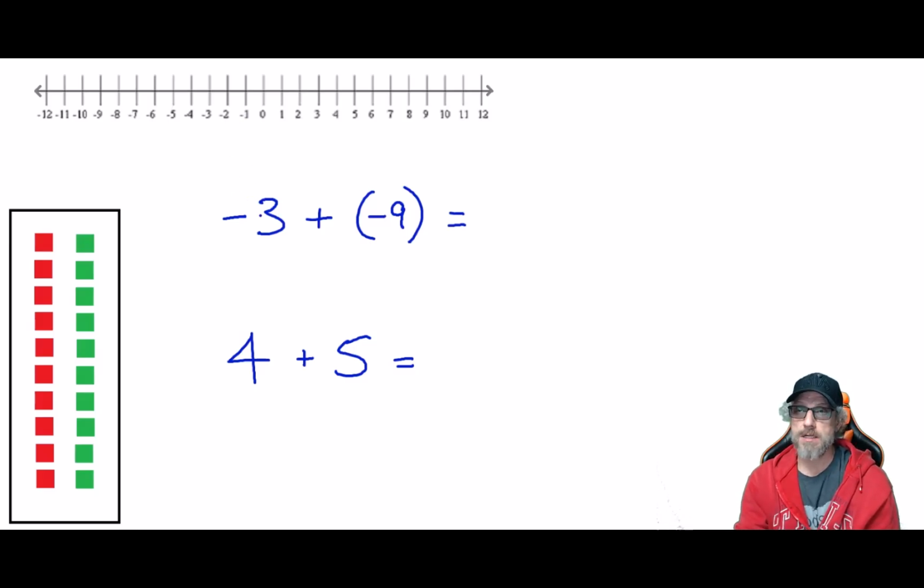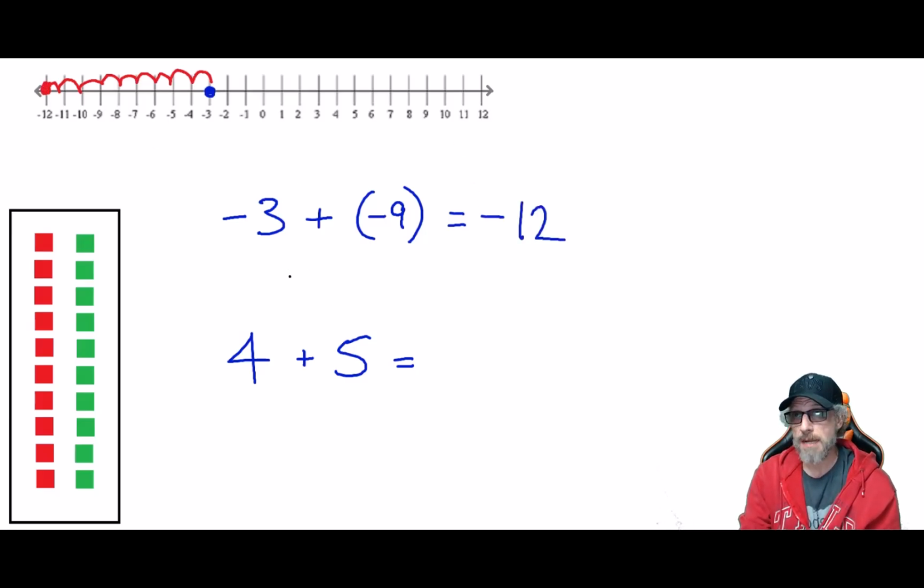On a number line, let's start with -3 plus -9. We would first go to -3 on the number line, then adding -9. Adding a negative, we're going farther left on the number line by 9 units. That's 1, 2, 3, 4, 5, 6, 7, 8, 9, and we land on -12.